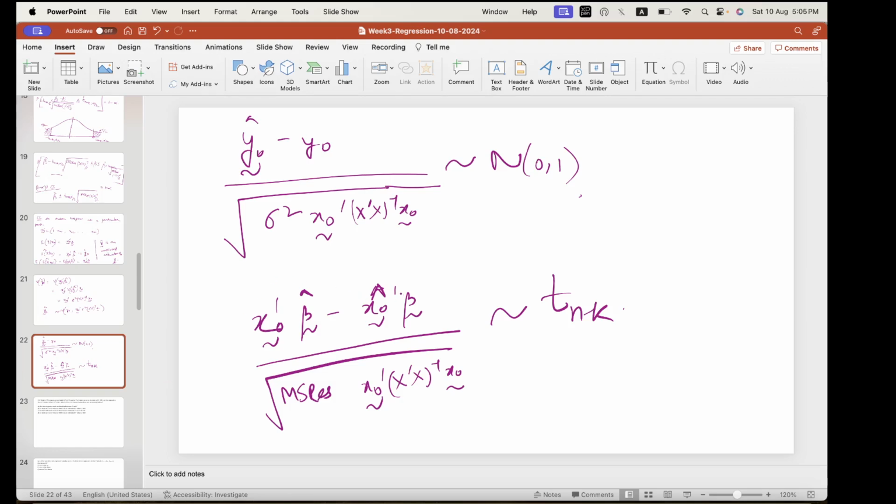Alright, so the prediction that we want is this quantity. So in order to do that, what we need to do is keep this in the center.